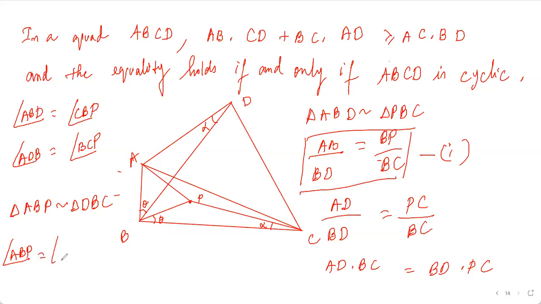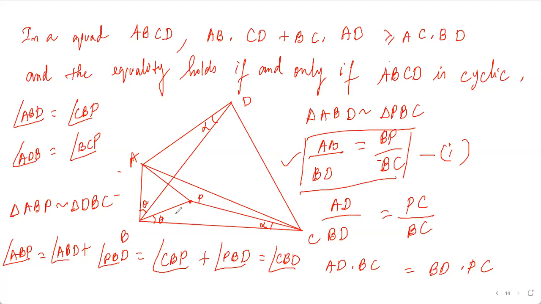That is equal to the sum of two angles, ABD plus angle PBD, and that is equal to angle CBP plus angle PBD, which is also equal to angle CBD. Okay, and so from this ratio and these two included angles being equal, we say that these two triangles are similar.